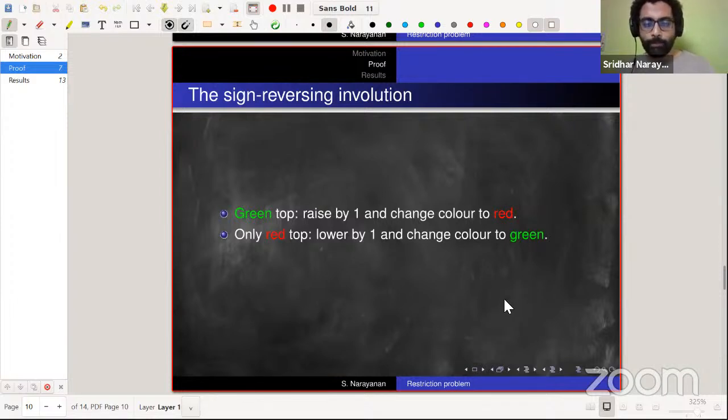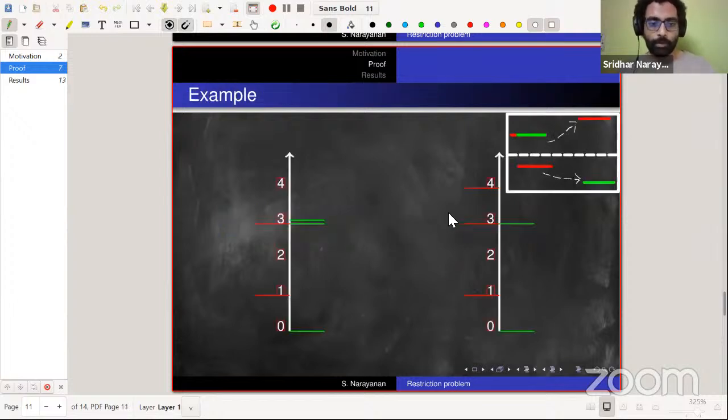We're going to map a diagram into a diagram that occurs in a consecutive term. And the way we do this is we have a rule that says we consider the top level. So the top level here is 3, and if there are any green bars, then we raise the green bar up by 1 and we change the color of this bar to red.